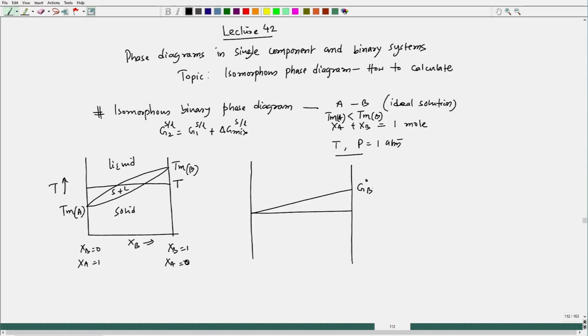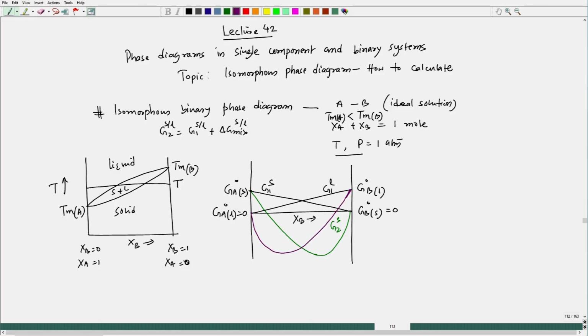This is G naught B liquid, this is GB naught solid, which is 0, this is GA naught liquid equal to 0, and this is GA naught solid, and this is G1 liquid, this is G1 solid, XB is this way, this is G2 solid, and this is G2 liquid, and we are trying to get a common tangent here.